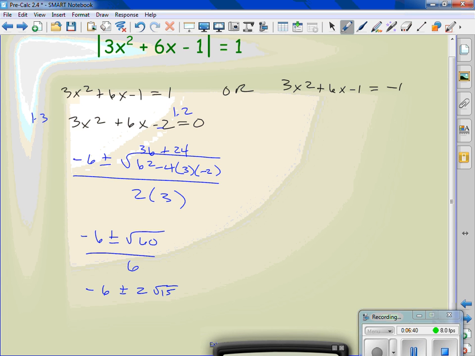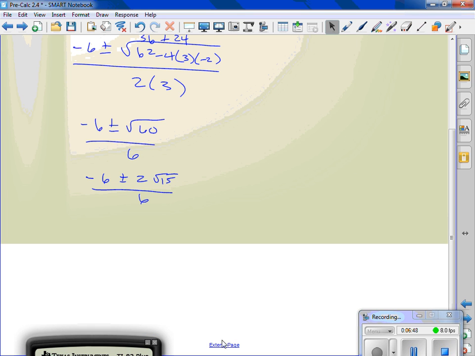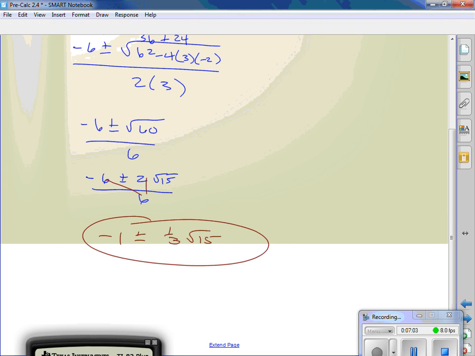I can't pull a 4 out of a 15, can't pull a 9, and I can't pull a 16. Divided by 6. And this is where a few people made their mistakes on the quizzes. This right here is negative 1. This right here, 1/3 square root of 15, or square root of 15 over 3. Same thing. That's your first part.